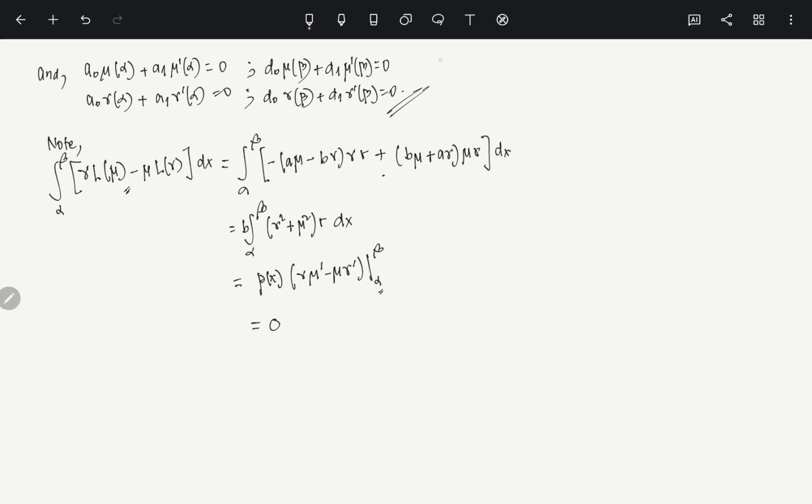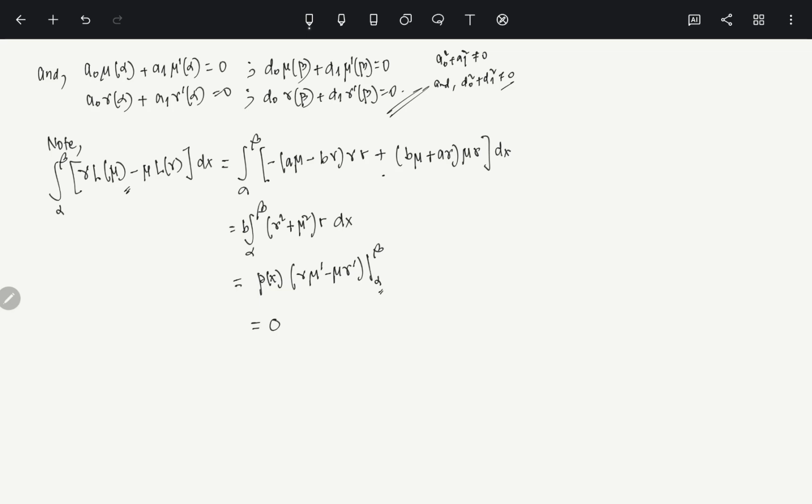Because in the boundary data, since a naught square plus a1 square is not 0 and d naught square plus d1 square is not 0, the corresponding coefficient matrix is going to be singular, and from there you can calculate that this part is going to be 0. This is exactly the same thing we did in the earlier video, so I'm not going to explain it anymore. That's fine.